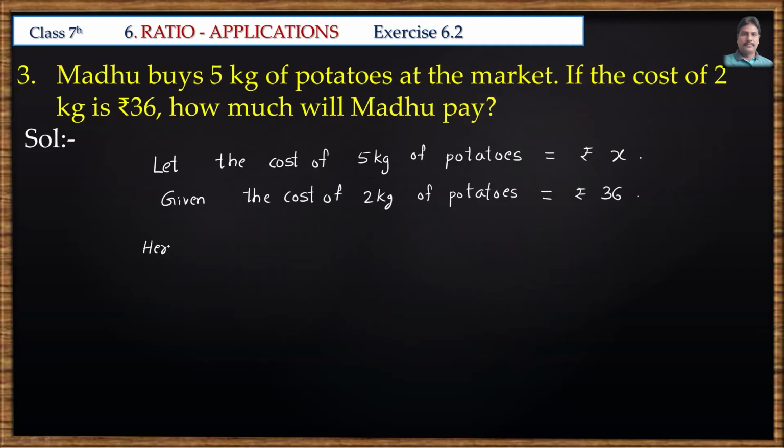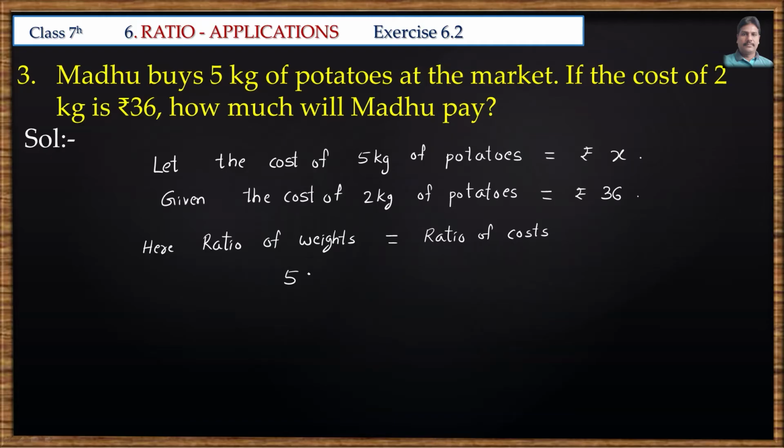Here the ratio of weights is equal to the ratio of costs. In the first case the weight is 5 kgs, in the second case the weight is 2 kgs.